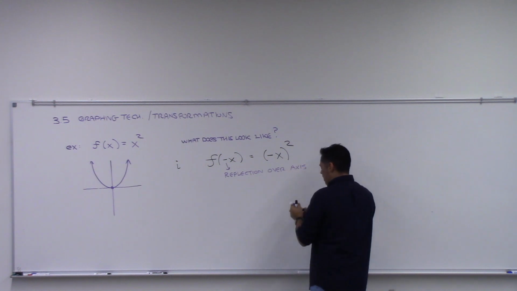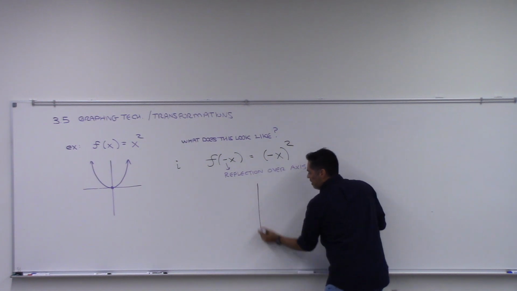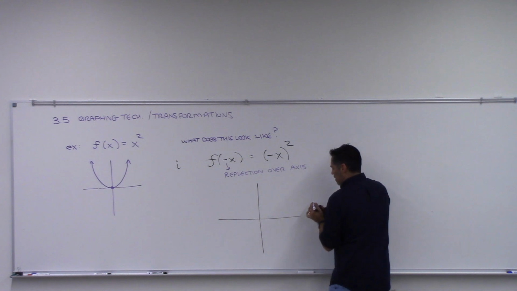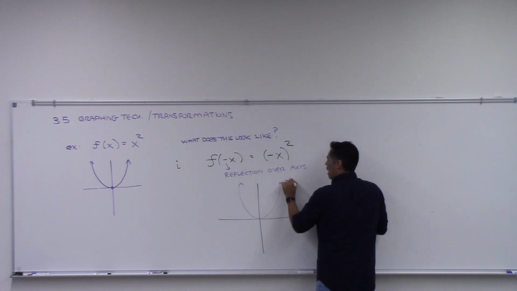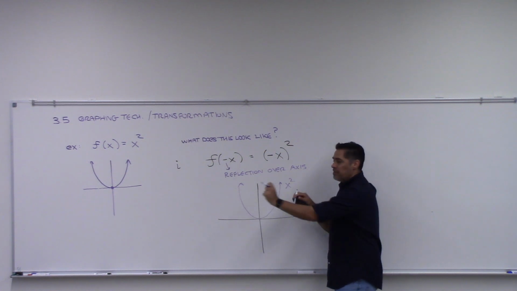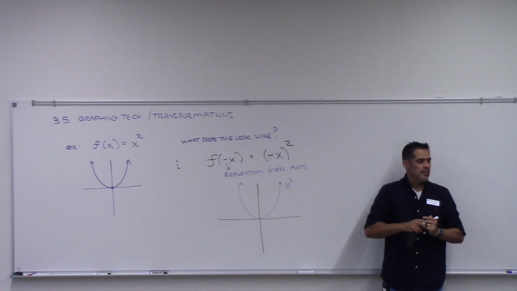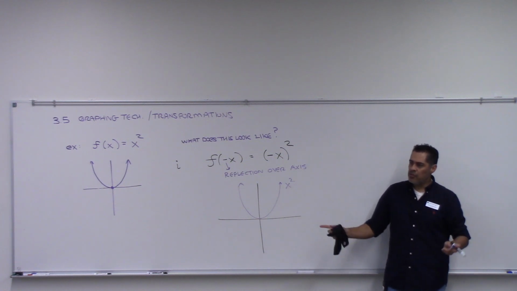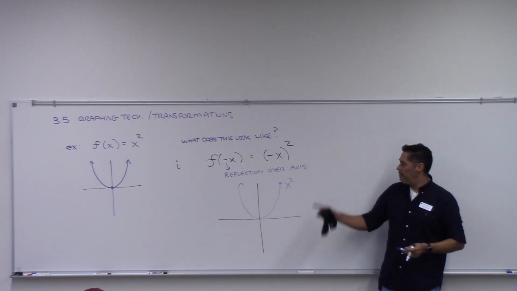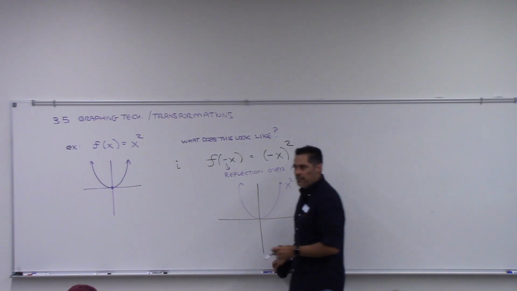Now, for this particular problem, does anything change? If I take my original x squared function right here, and I ask you to reflect it over the y-axis, does anything change? It's the same exact function, isn't it? For this one. Not every function will be the case, but for this particular function, it's the exact same function.